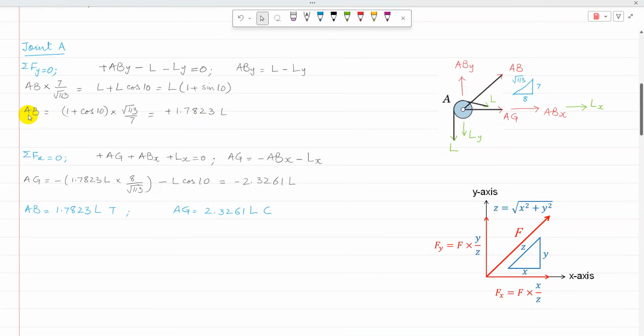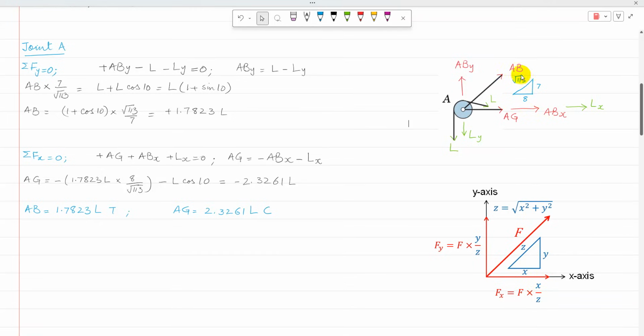Once AB is calculated, then sigma Fx is equal to 0. For sigma Fx equal to 0, AG is positive, ABx is positive, and Lx is also positive. So now AG is minus ABx minus Lx. Now ABx, the horizontal component of AB, is equal to the horizontal side of the triangle over the diagonal.